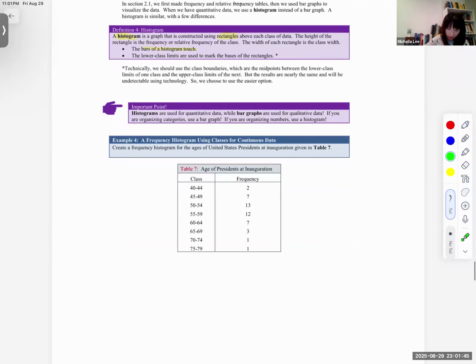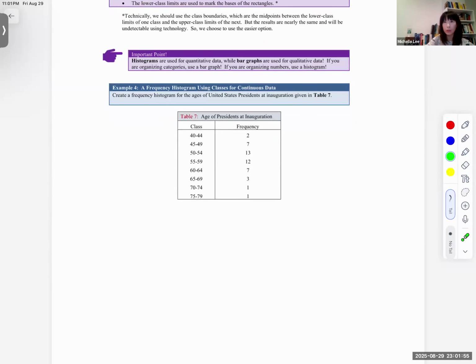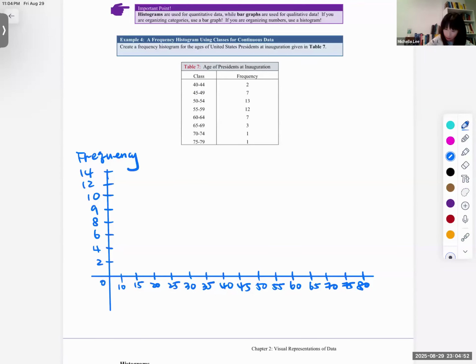We want to create the histogram from the frequency table. Okay, so let's do it. I made a graph here. Normally the classes start at 40, but I indicated from 0, so we're going to start at 40 here.